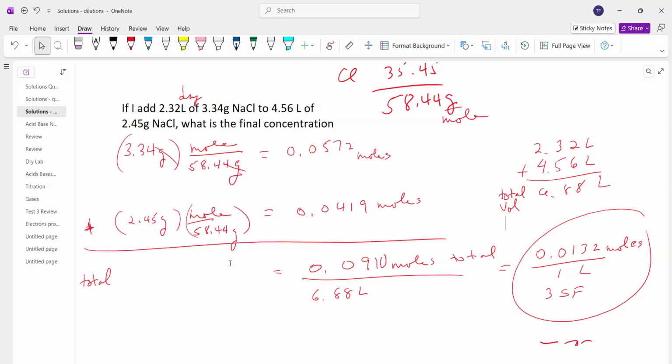Driving force in this is concentration is moles per liter. So you got to come up with moles on all the parts of the solution and then find out your volume on all the parts. That's the essence of doing these type problems.